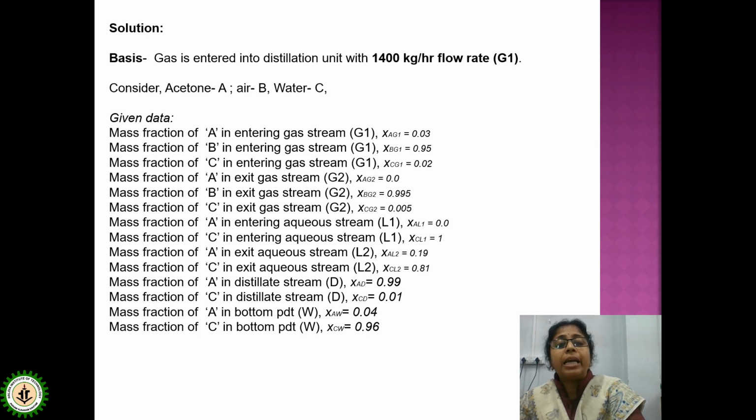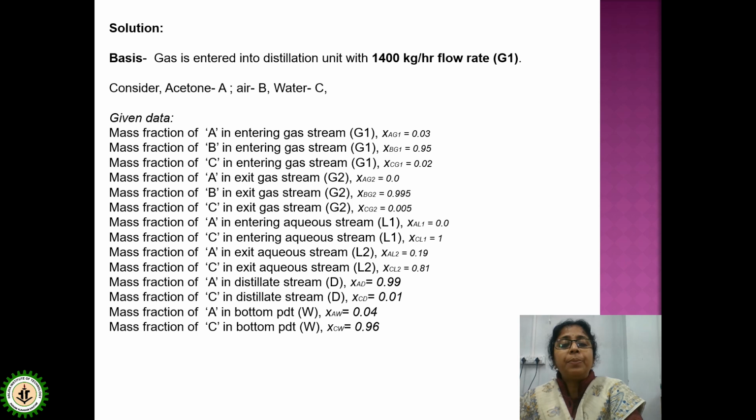The mass fraction of A in exit gas stream G2, that is XA,G2, is obviously 0 because the exit gas stream does not contain any acetone. The mass fraction of B in exit gas stream G2, represented by XB,G2, equals 0.995, whereas the mass fraction of C in exit gas stream will be 0.0005.